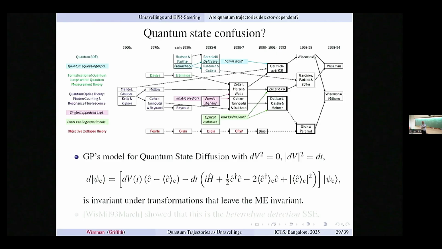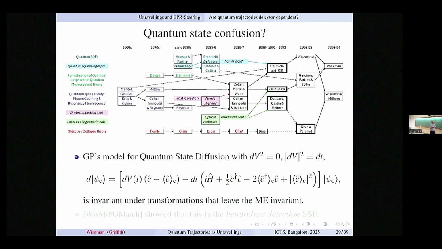Then, around the late 80s, Diosi, I hope I'm not misrepresenting it, had the idea, having realized that when you look on average at these stochastic, continuous collapse theories, they just look like master equations.